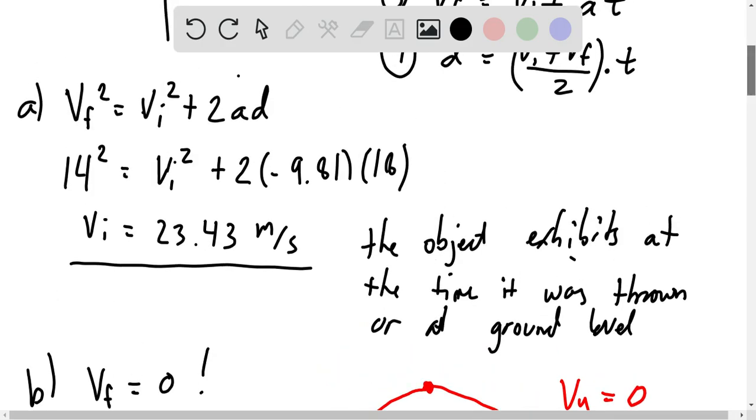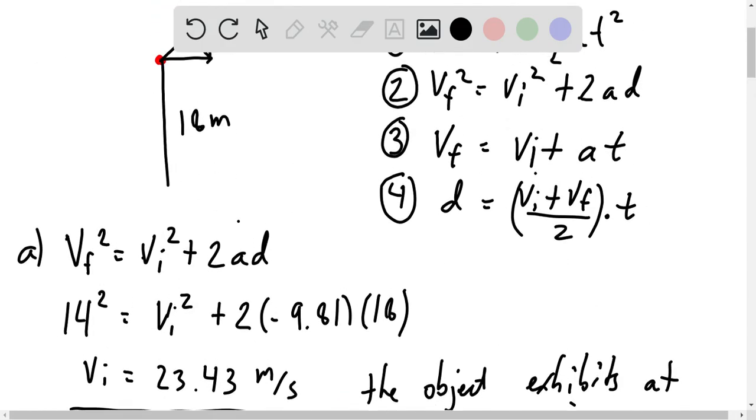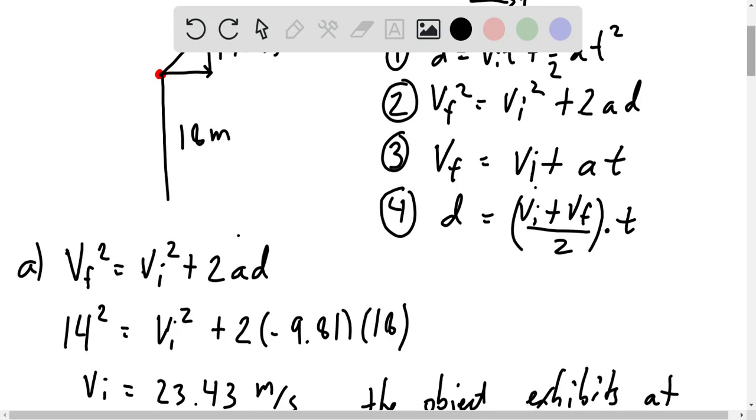So we wish to determine how high it was thrown from ground level. So we just determined VI at ground level, so that's probably going to be useful. And we see that, in fact, equation 2, VF squared equals VI squared plus 2AD.